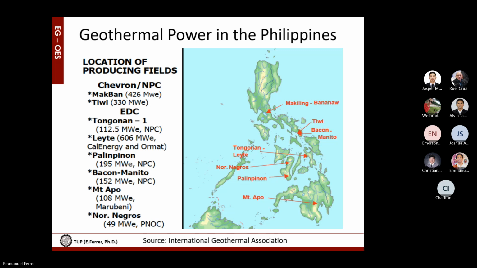There's not that much new technology when it comes to geothermal energy. Maybe the innovation in technology is in the drilling, so how to tap the steam underground. Maybe that's the area where they improve the technology.